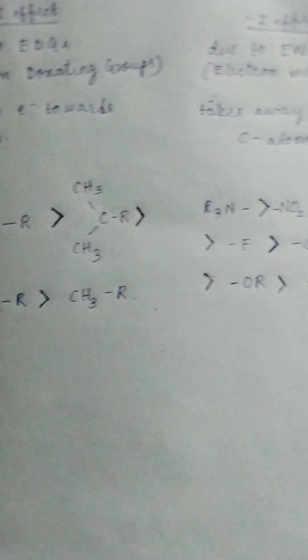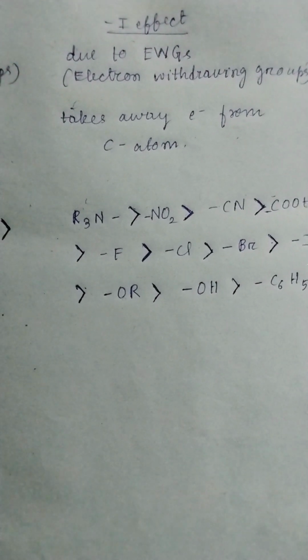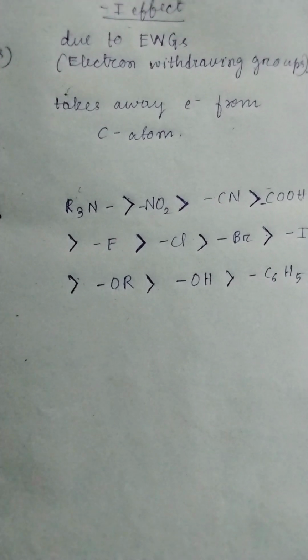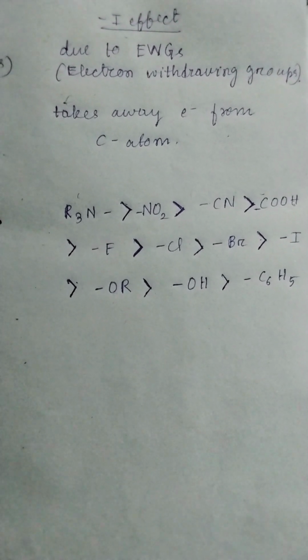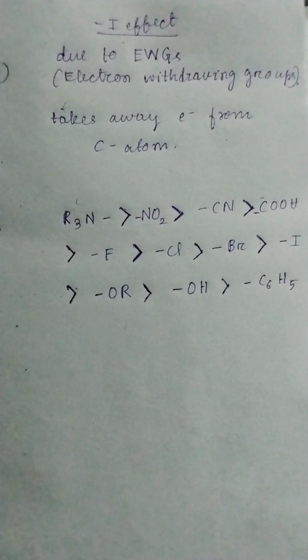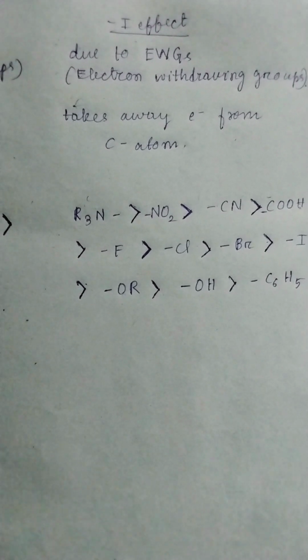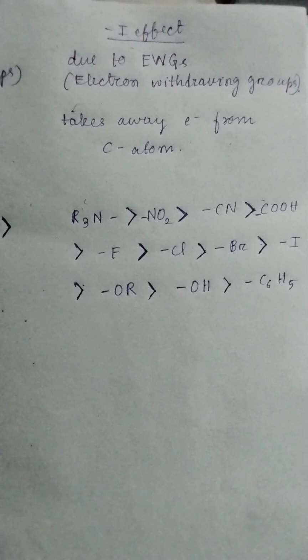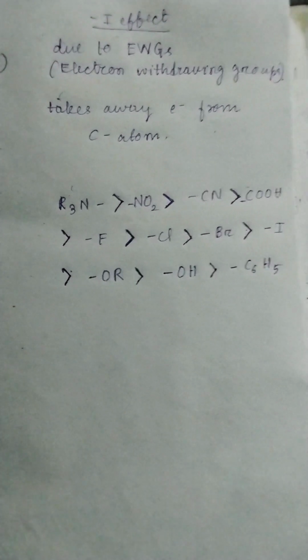Okay, then comes the minus I effect, which is exhibited due to the electron withdrawing groups. Okay, so these electron withdrawing groups basically take away the electrons from the carbon atom.